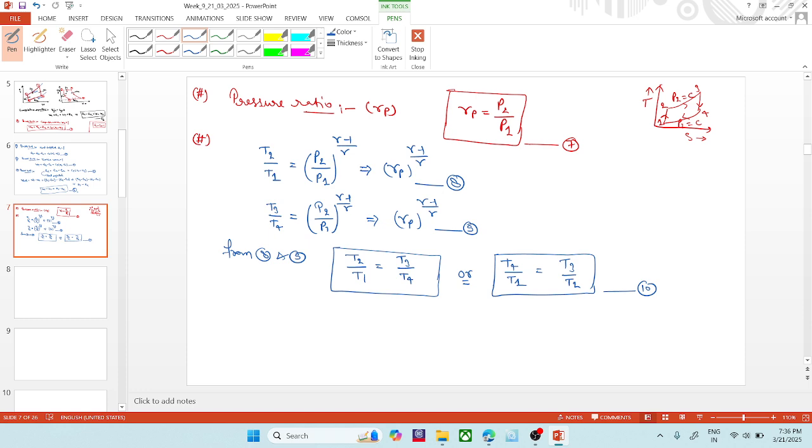Okay. Then next, let me derive the expression for efficiency of an ideal Brayton cycle or simple Brayton cycle. Let me put the heading here: Efficiency of a simple Brayton cycle.